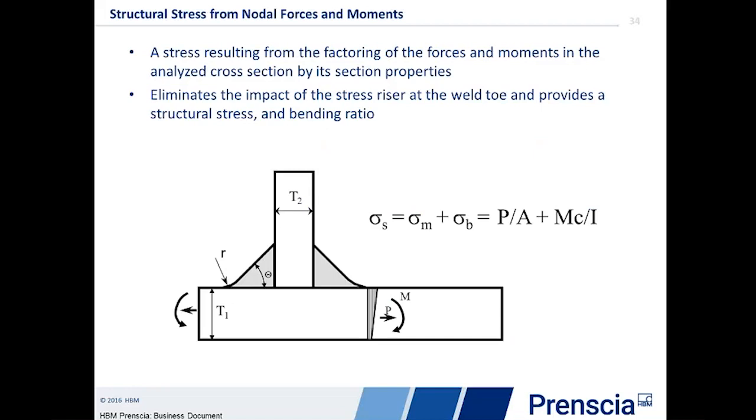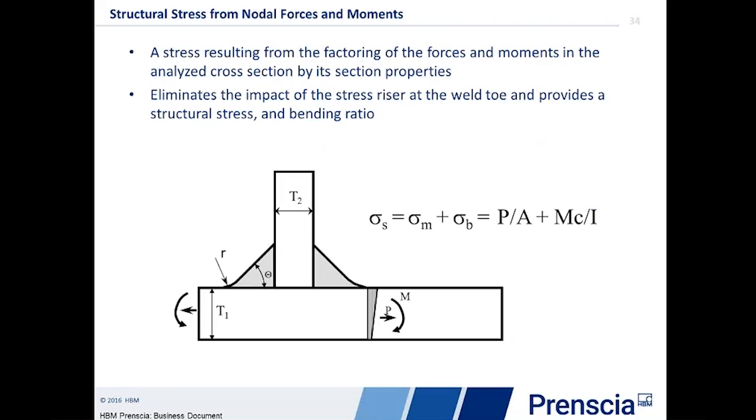For shell models, what DesignLife is using as the primary damage mechanism is a structural stress that's calculated from the nodal forces. When we look at the welds being analyzed, we find the attached elements and collect the nodal forces of those elements along the weld toe or weld root.